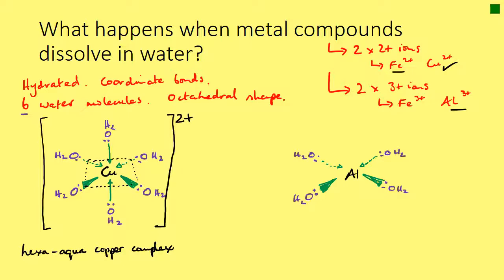And then of course we need 2 more, also making coordinate bonds. One from above, one from below. So in the same way we'll do our water ligands like that.